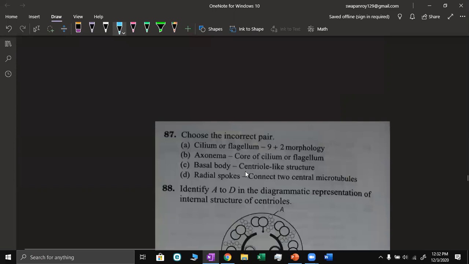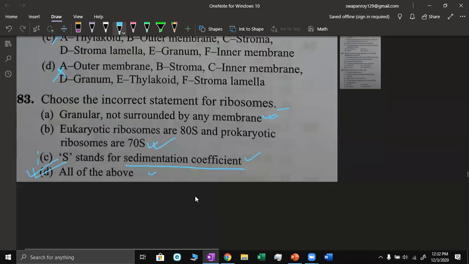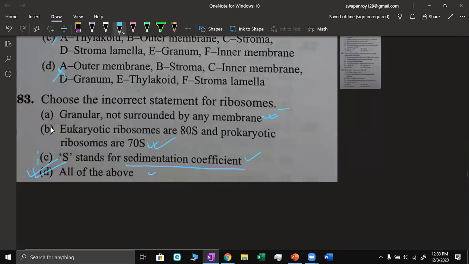Sir, the question is which one is the incorrect? Choose the incorrect statement for ribosome. Of course, here, okay, this one, choose the incorrect.